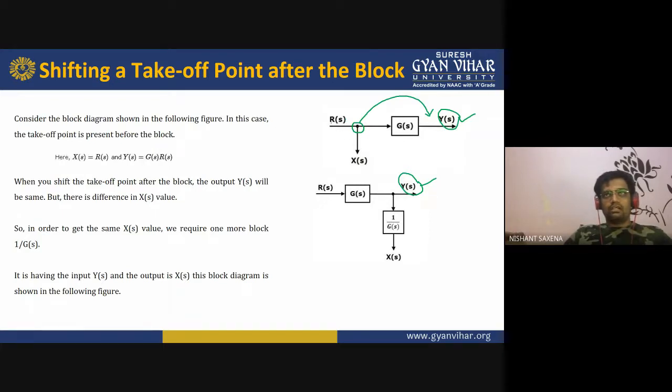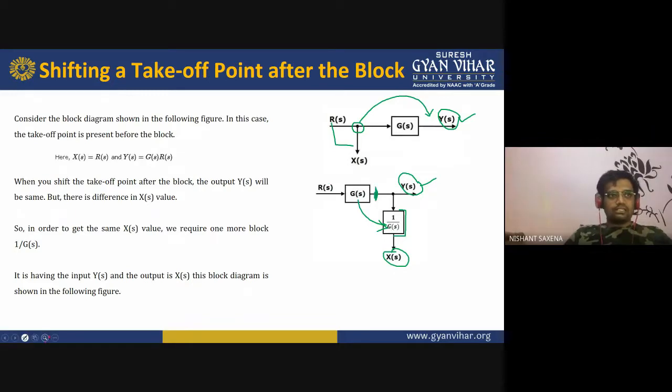Look at this, R(s) and X(s) are both the same, and Y(s) is equal to G(s) into R(s). But in this way, to keep the output the same, we have to copy this block over here, which is 1 upon G(s), to keep the output as X(s) only.